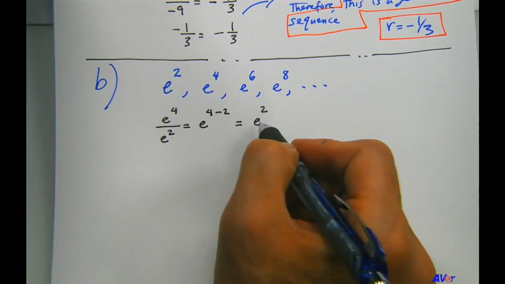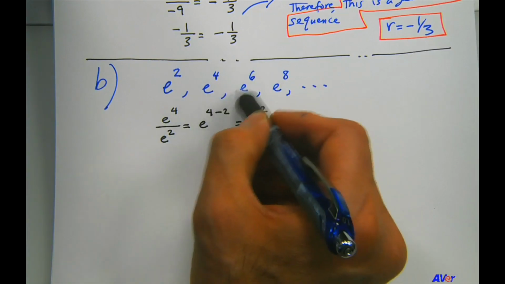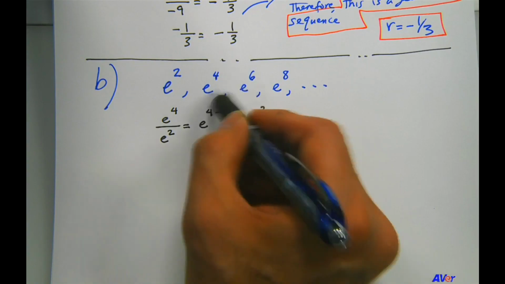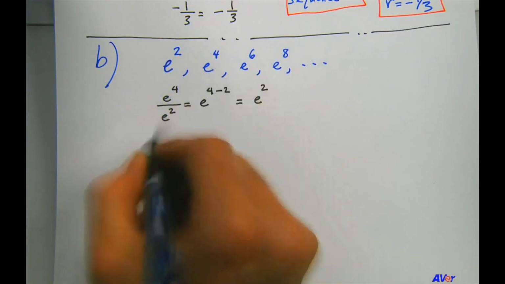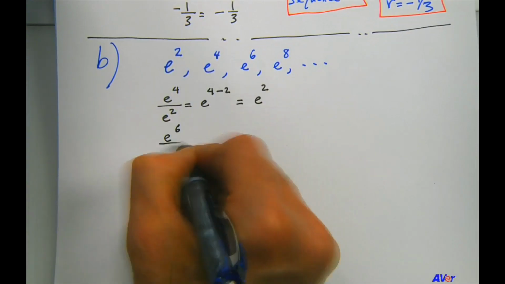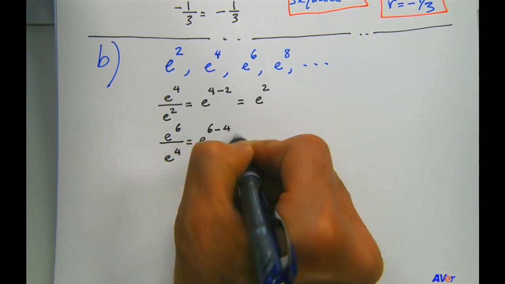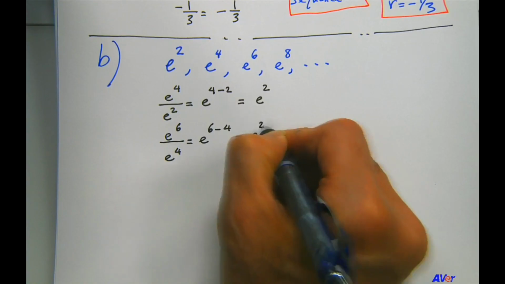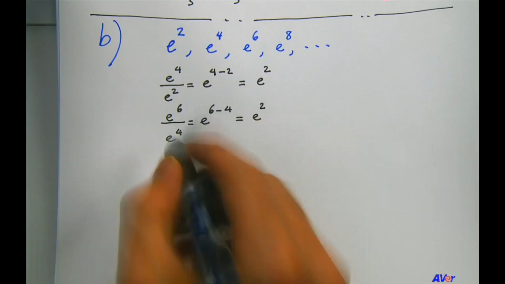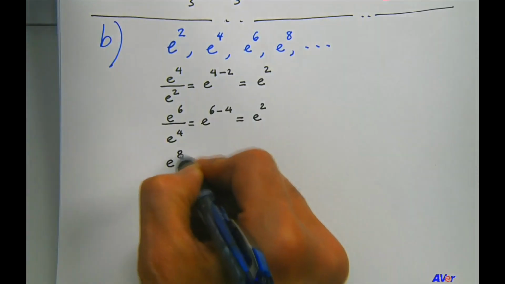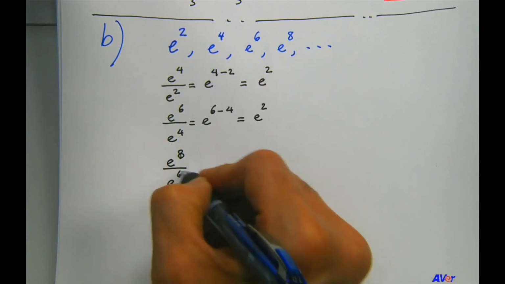So far, we know nothing. We have to show that the same ratio exists when we divide the other numbers. So let's do that. e to the 6 divided by e to the 4. This will be 6 minus 4, e squared, okay, again, the same ratio, right? And finally, e to the 8 divided by e to the number before it, e to the 6.